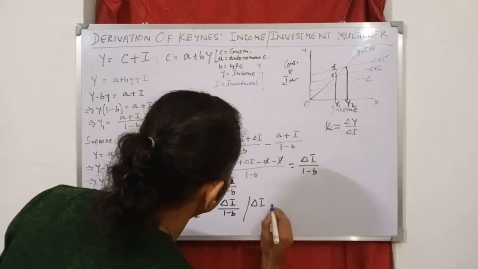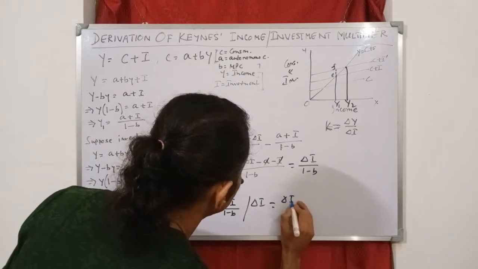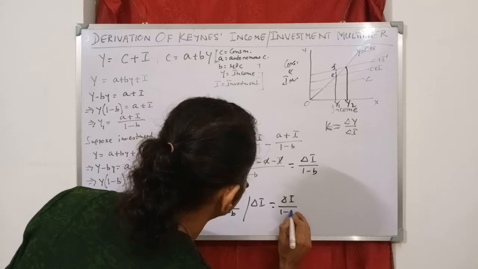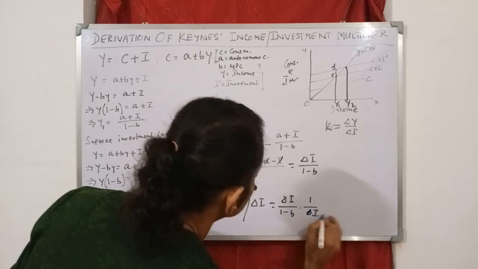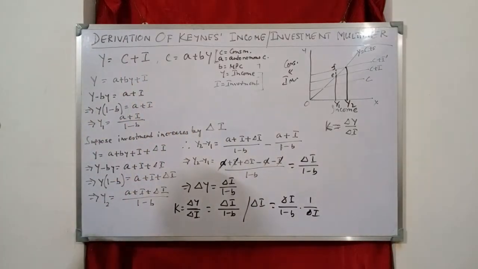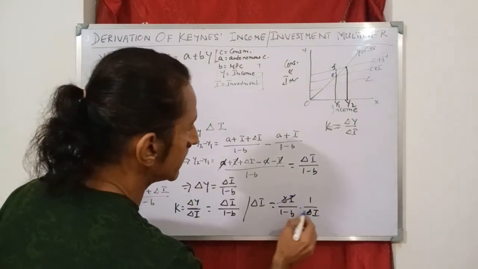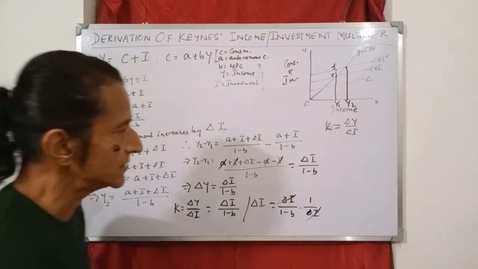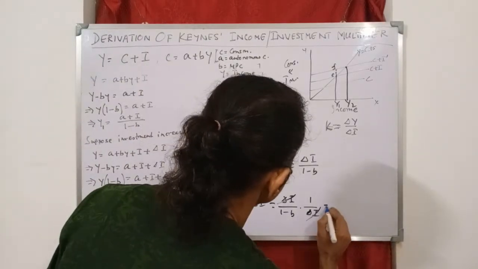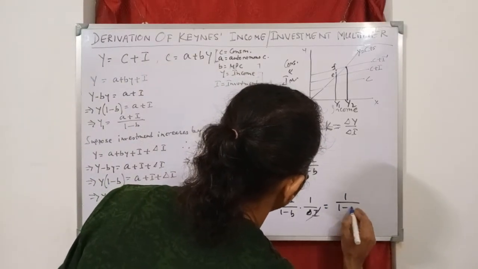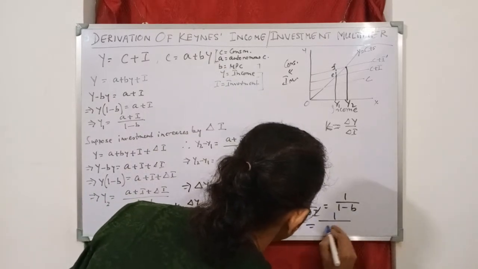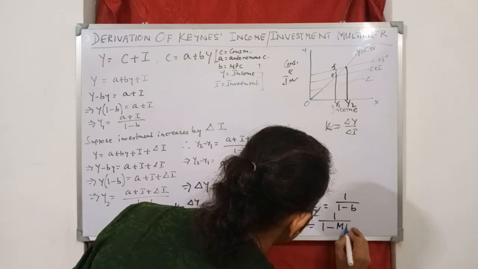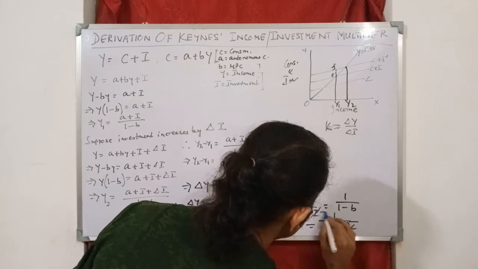So this becomes what? Delta I divided by 1 minus b into 1 by delta I. So delta I in numerator and denominator cancelled. So what remains? 1 by 1 minus b, that is equal to 1 by 1 minus MPC, marginal propensity to consume.